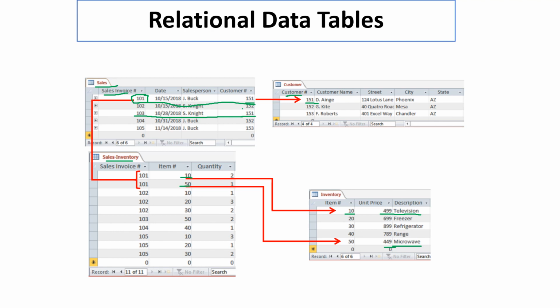Okay, so that's how we connect it. The same goes for the other customers. So you can see here we have Kitty. Kitty again has two invoices, and you will see here the invoice number.